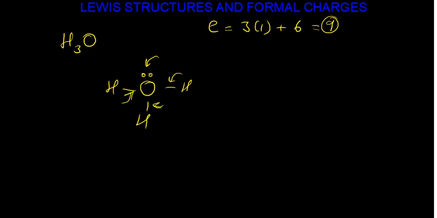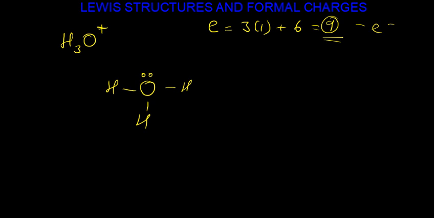We have only used up 8 electrons to write this compound. So what is that telling us? We have 9, so it means 1 electron has to be lost. And so H3O has a plus. It gains a plus because 1 electron has been lost if we are writing the Lewis structure like that.